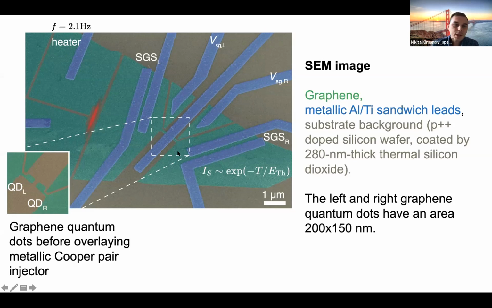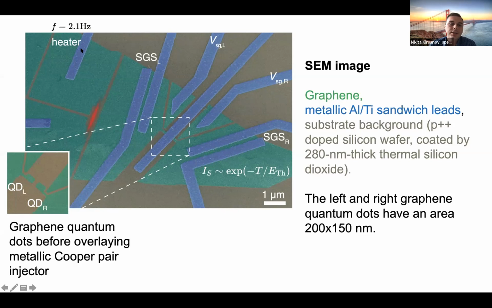Finally, we have a heater, which is two electrodes connected to a graphene nanoribbon, electrically isolated from the rest of the scheme. This red region is where the heating appears, and the heat is then transmitted through the substrate to the main part of the device.